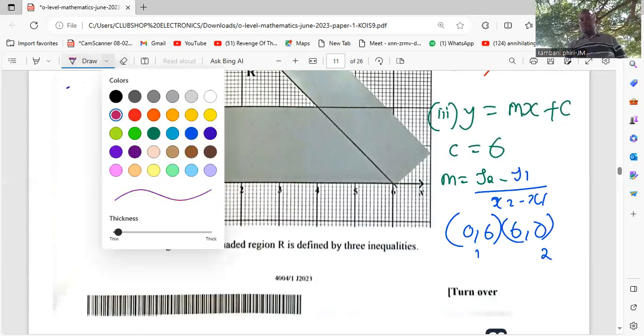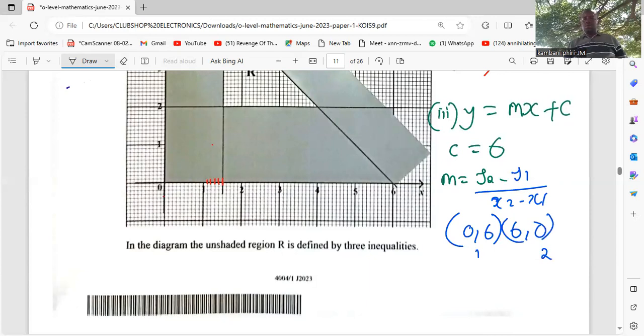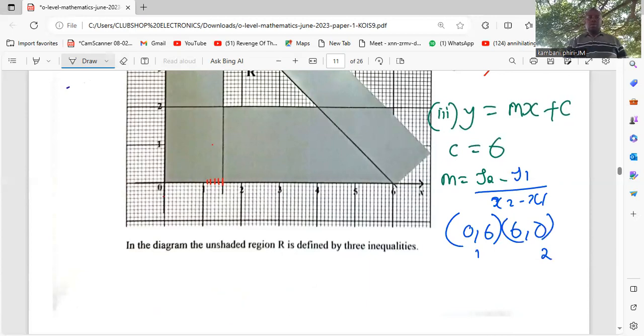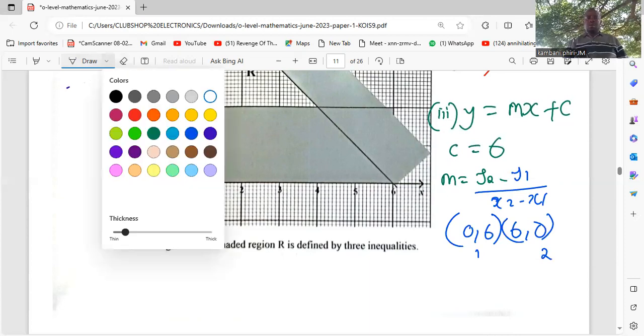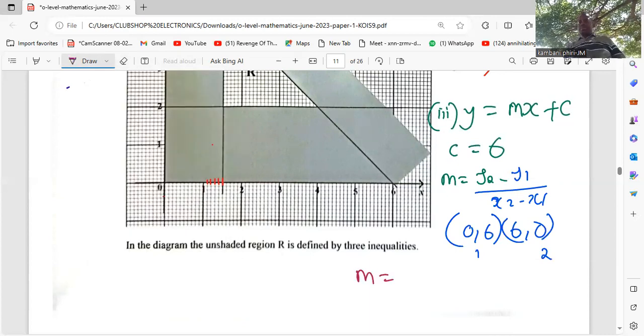So our gradient will be y2, that is 0 minus 6, divided by x2, 6 minus 0.